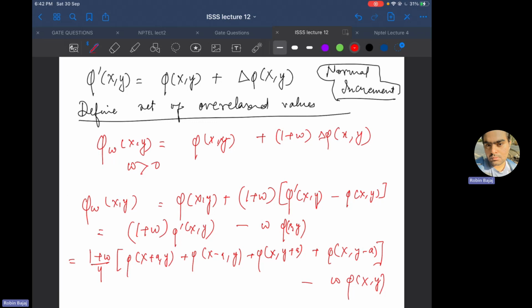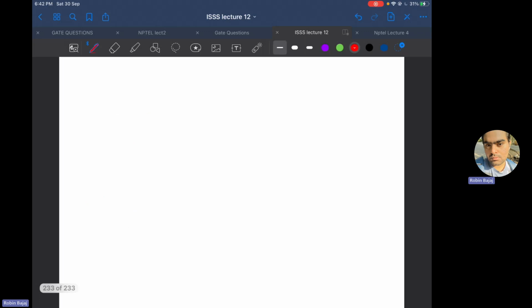Now in this case, if you see omega 0, this would be the normal relaxation formula. So you're now incrementing by omega. Okay, that's how it works. Now you would realize this is much faster than the normal relaxation. You call the normal relaxation the Jacobi method.